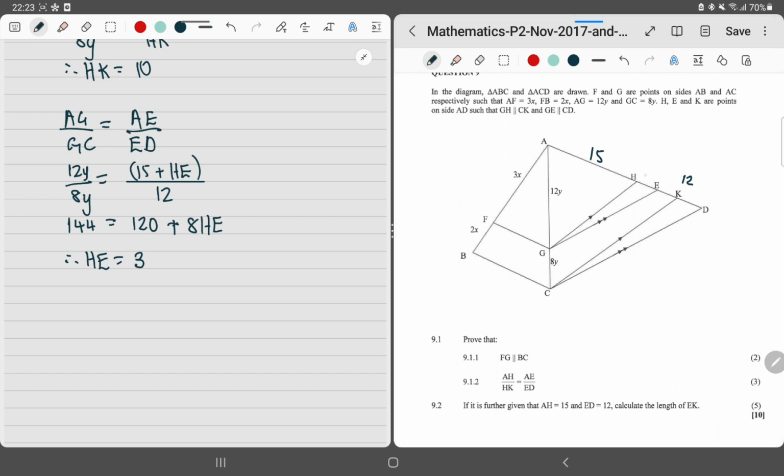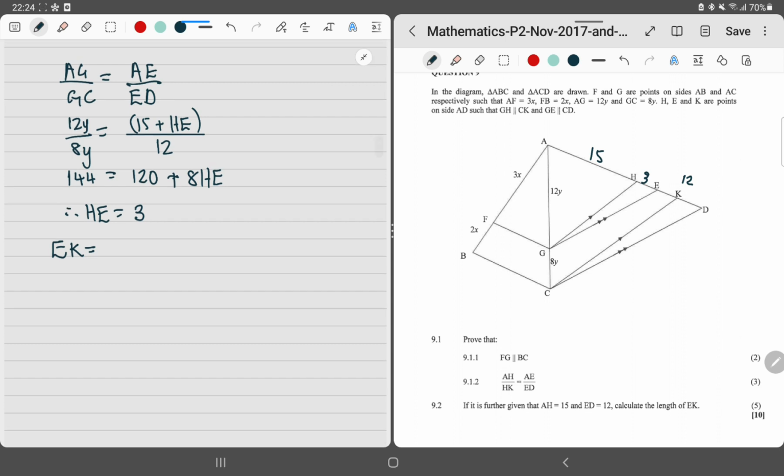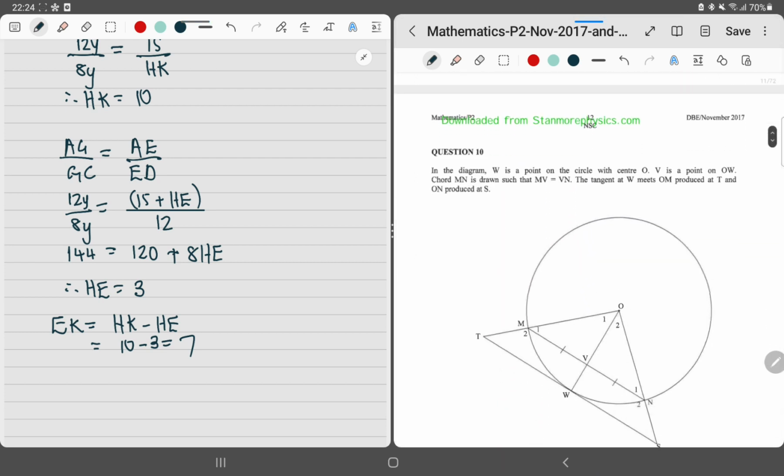So this length here is 3. And then EK is simply the difference of HK minus HE. So this is 10 minus 3, which is equal to 7. That's the length of EK.